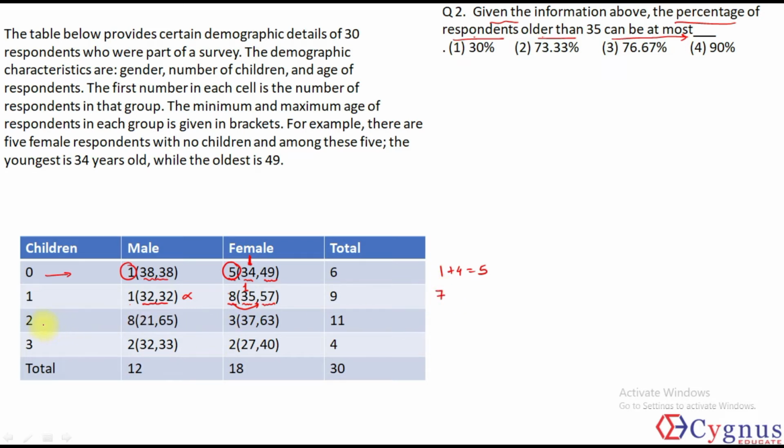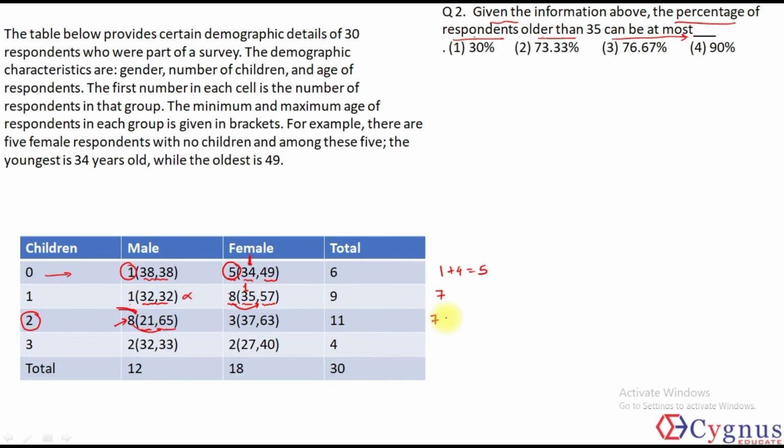What about second one? Number of children? 2. How many males are there? 8 males are there. They've got exactly 2 children. Minimum age is 21. Maximum is 65. So at least one person will be of 21 years old. And since I want to maximize the number of respondents who are older than 35, I'll assume that out of these 8 people, only one is 21 years old and the remaining 7 are more than 35 years.